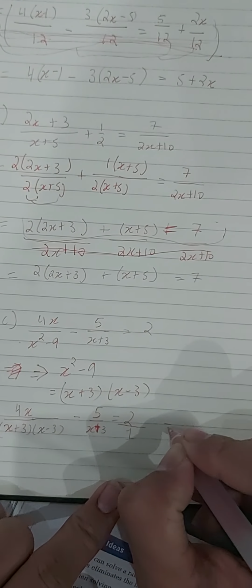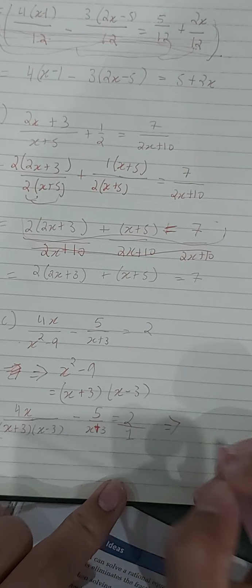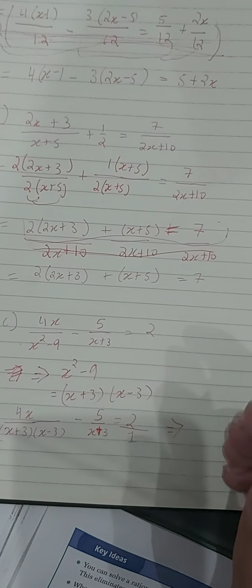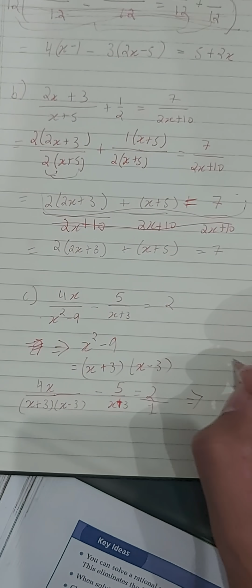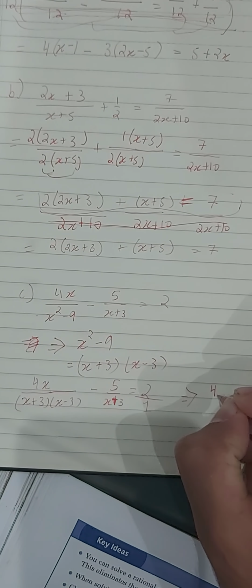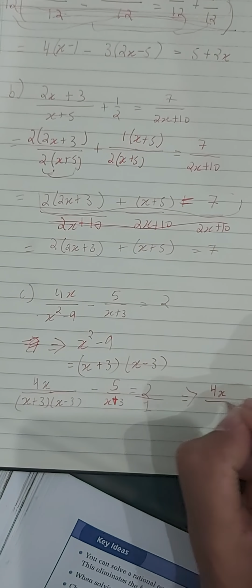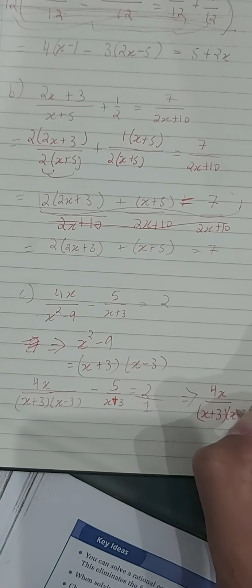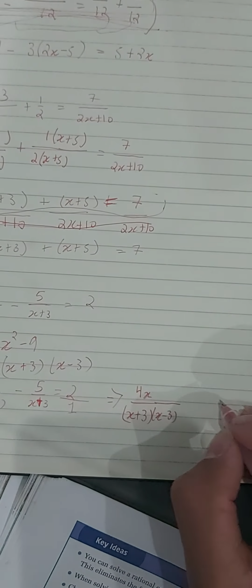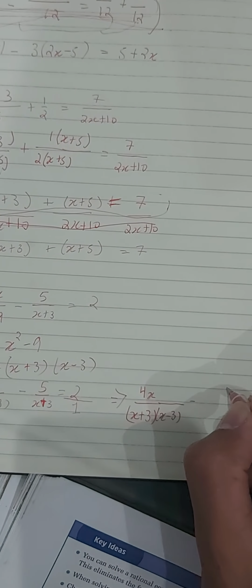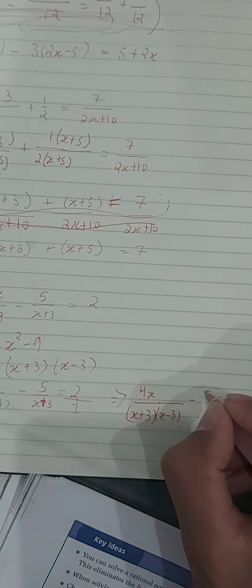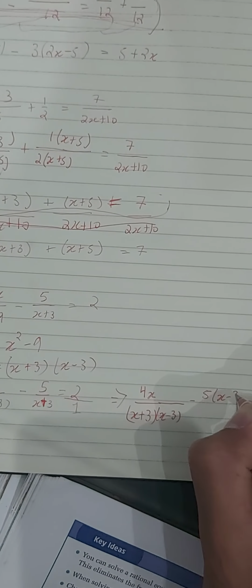And remember, you don't write equal signs when something is not equal to something. You just draw an arrow to represent what you're doing. So you get 4x over x plus 3, and you have x minus 3. And you have minus 5. You have to multiply the x minus 3 on top as well, so you get 5 times x minus 3.